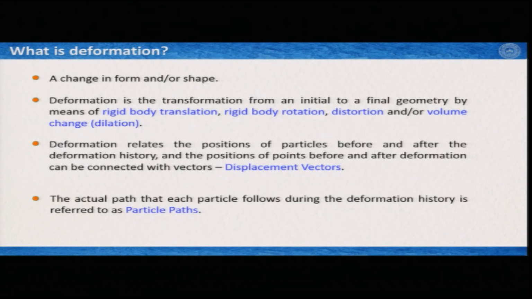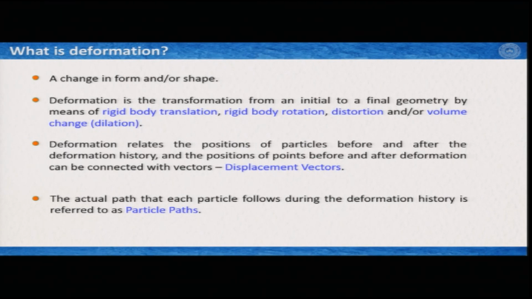As it is a quantitative analysis of geometry, it relates the positions of the points or particles of the initial body before and after the deformation history. The positions of points before and after deformation can be connected with a vector, and this vector is known as the displacement vector. We will learn about it soon.